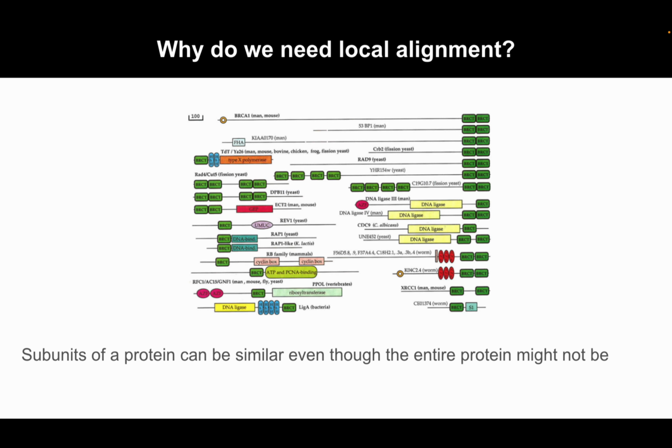Are there other proteins in my body which share some domain sequence with the sequence that I have got? That is the problem of local alignment, where you don't care about the entire string matching. You care whether there are contiguous subunits which can align despite the entire sequence not being able to align.